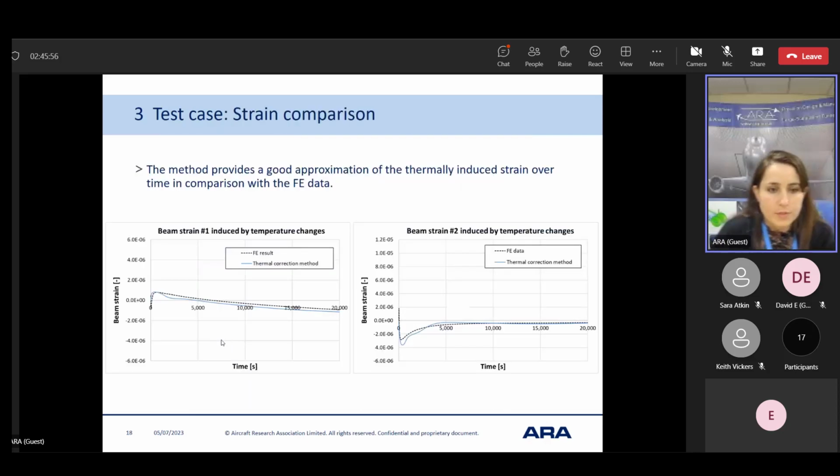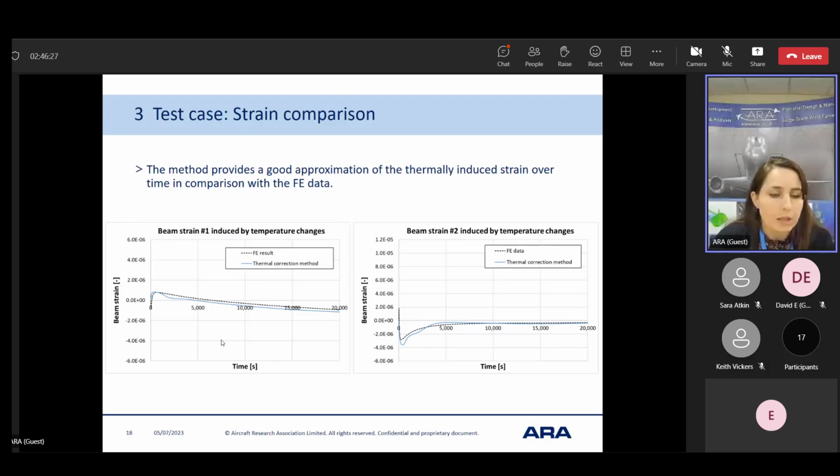Here I've got two plots. This is the result of the beam strain. I'm comparing the FE data against the thermal correction method. The FE data are given in a dashed line, while the thermal correction method results are given in the blue line. We can see that the thermal correction method is following the FE data very closely, which is good.